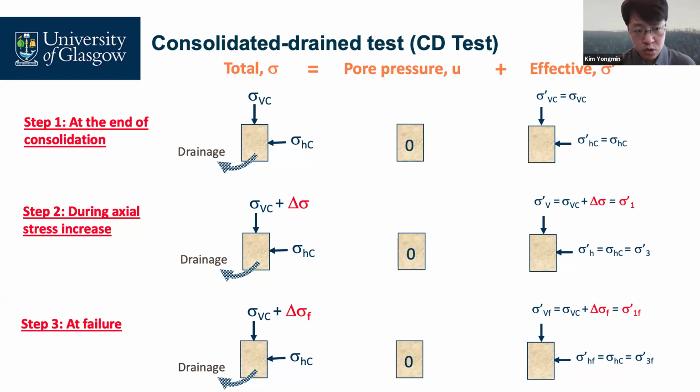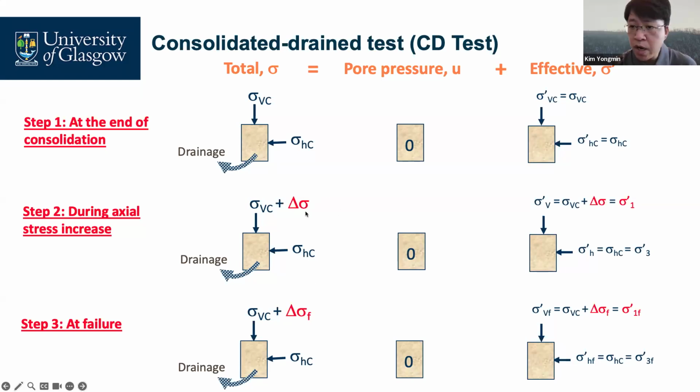Understood? So open, zero pore pressure, and then the applied confining pressure becomes effective stress, because effective stress is total stress minus pore pressure. Currently pore pressures are all zero.